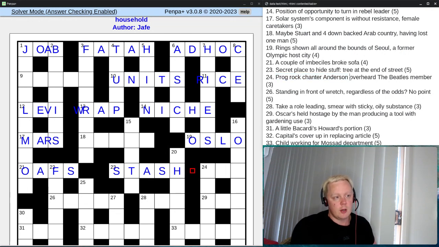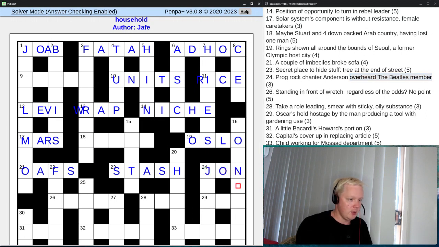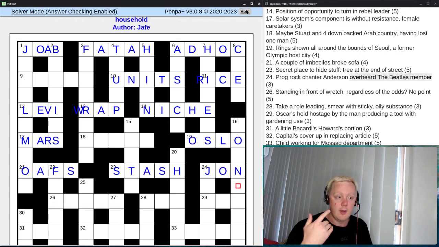If you overhear the name of one of the Beatles members, that sounds like John Lennon, right? So Jon is a homophone of that. It's not the first time I said anagram when I meant homophone, but homophone of John is Jon. Now, again, like in the previous one, this also works in 2 directions. So this can be overheard.